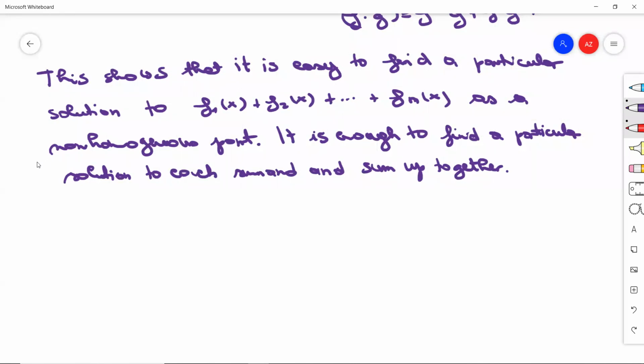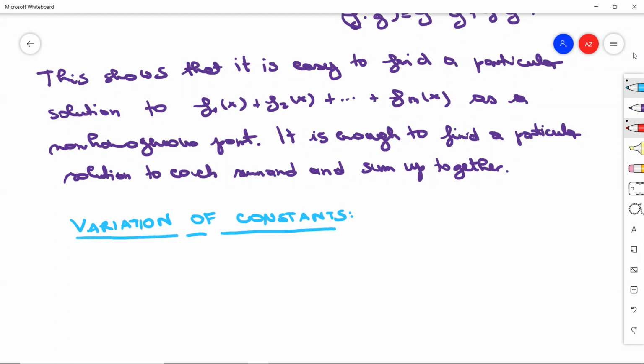So if you remember from first order DEs how we did the variation of constants. Do you remember what we did? Yes.